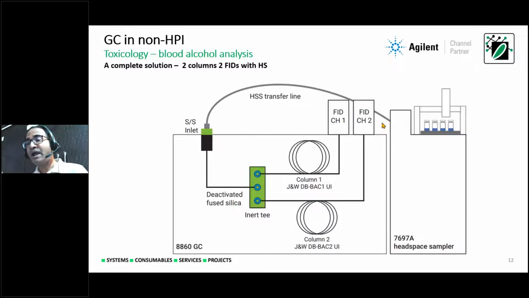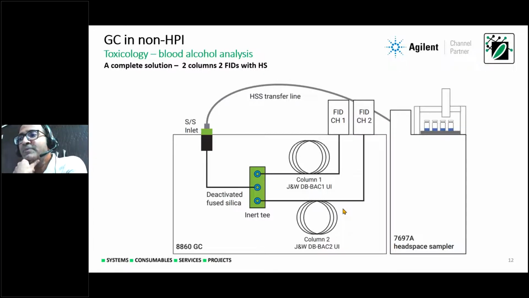And therefore, having these two columns, the blood alcohol 1 and the blood alcohol 2, will help us to do the separation better. And therefore, we'll be able to report all the oxygenates, all the alcohols and related compounds really well.